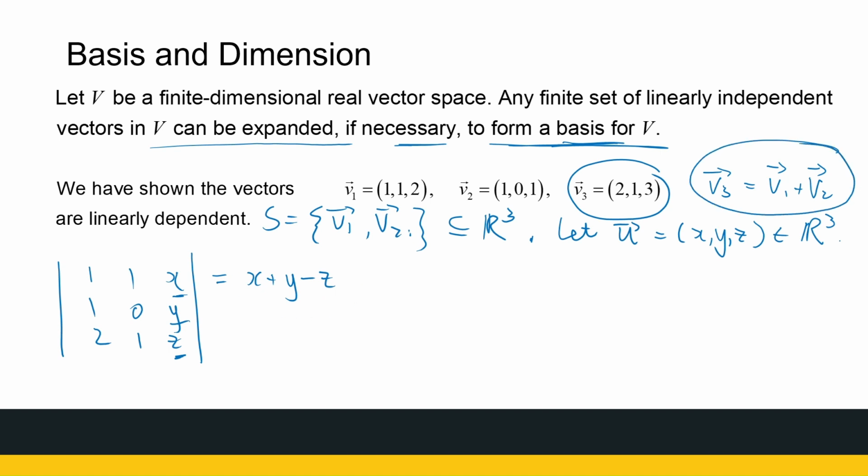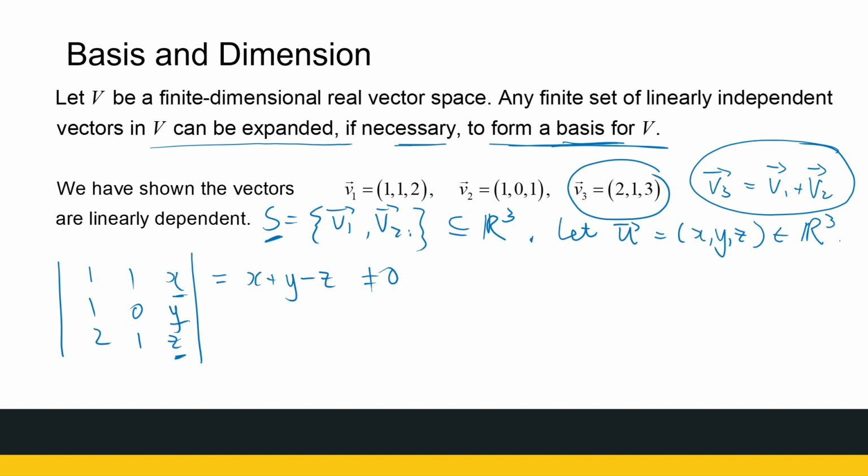So there's a relationship between x, y, and z. It has some similarity to the relationship we saw earlier. Now what do I want? I want x plus y minus z to not be zero. As long as that's not zero, my set will be linearly independent, and it will span, if I add u to it.